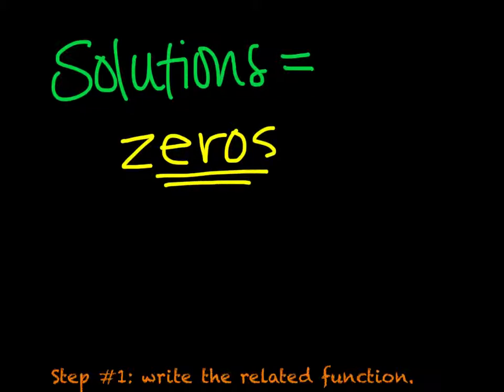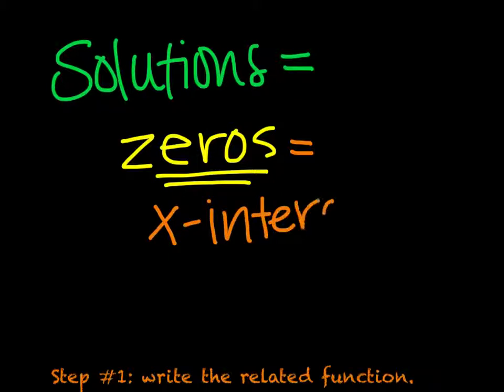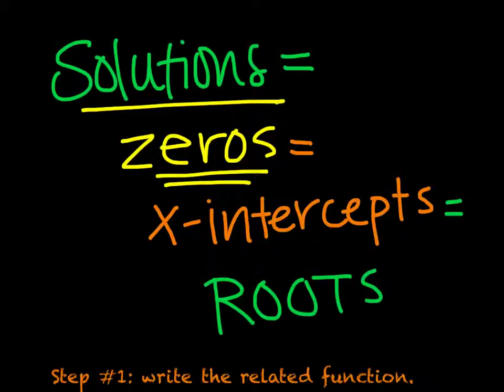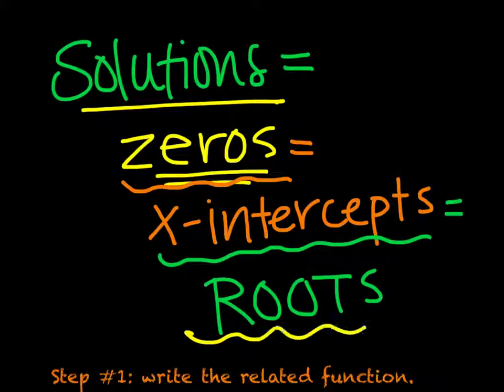So essentially that is also the x-intercepts of the function. And you'll eventually hear one last term that they are called, and that is roots. So all of these things are the same. Solutions are zeros, they are the x-intercepts, and they are the roots. All of these are the exact same thing.